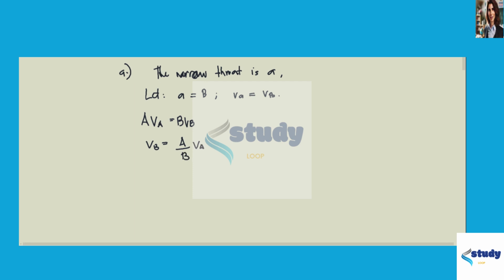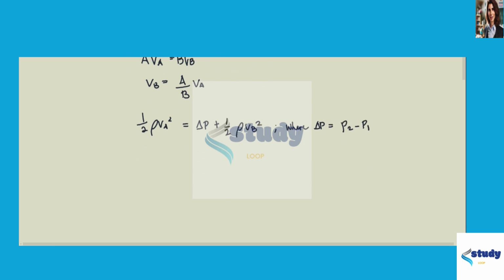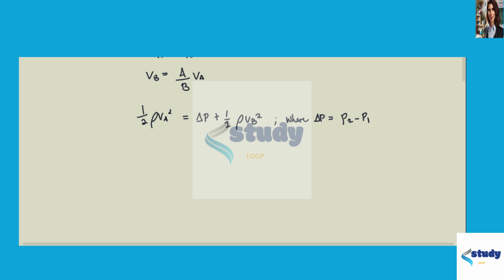And from the Bernoulli's equation, we have 1 half rho VA squared equals delta P plus 1 half rho VB squared, where delta P is equal to P2 minus P1, and the rho GH is cancelled since it has no height.